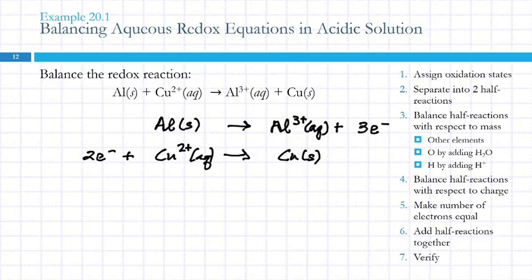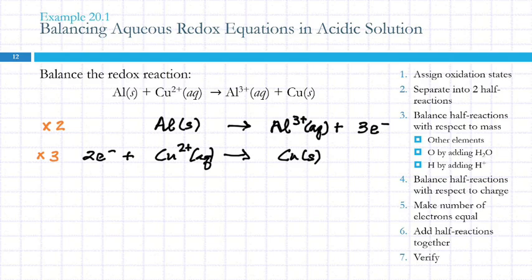So we're looking at least common multiples, right? 6. So I can multiply 3 by a number to get 6, and I can multiply 2 by a number to get 6. So that's what I'm going to do. I'm going to take this top reaction and multiply by 2, and take the bottom one and multiply by 3.